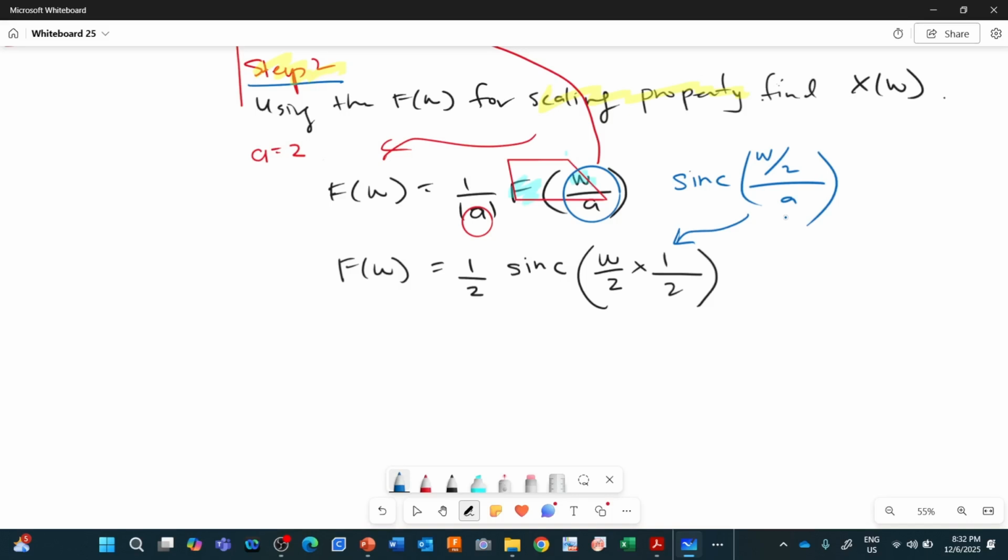So you get this one. If you substitute it, you will get the answer 1 over 2 sinc omega over 4. Okay, so this is the answer if you are using the scaling property.